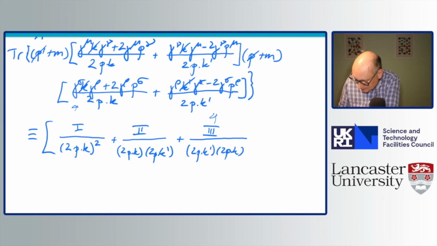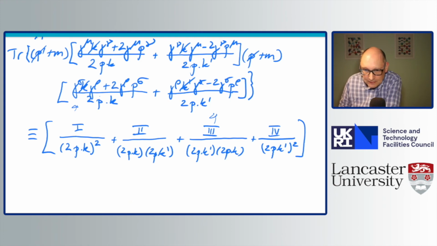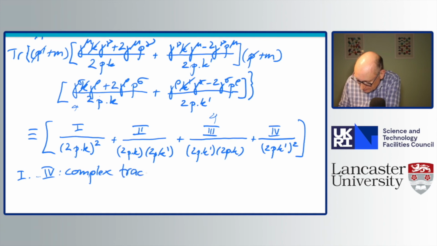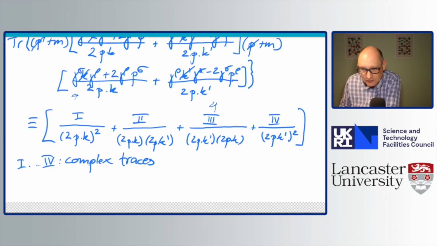Yes, the denominator is the same, but now it arises from this term with that term, and then plus the fourth contribution, which is this term here squared, 2 p dot k prime squared, where all these 1 to 4 are complex traces. Complex as in a little bit complicated traces.